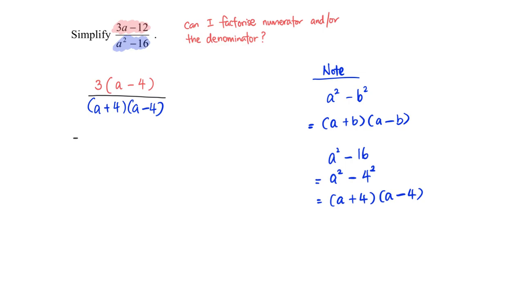And the moment I do that, I saw that there is a common factor, a minus 4, which I could divide off to get 1 over 1. So final answer would then be 3 over a plus 4. Let's move on to the next question.